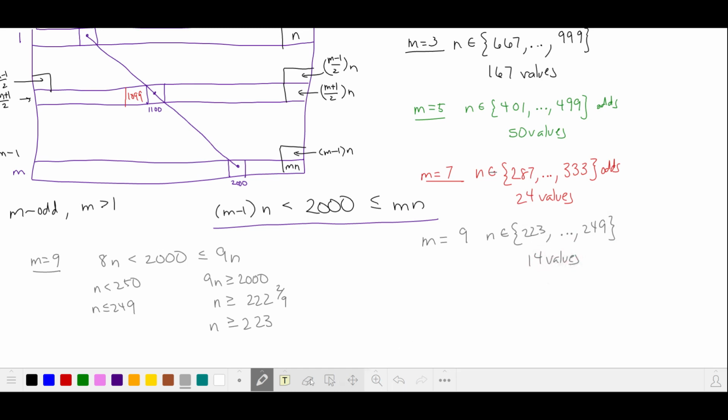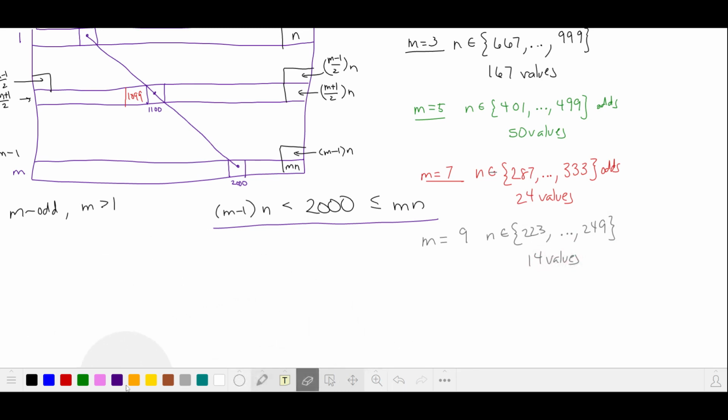Okay, let's see what happens when m is equal to 11. We have 2000 is between 10n and 11n. Here we have 10n is less than 2000. This gives us n is less than 200.